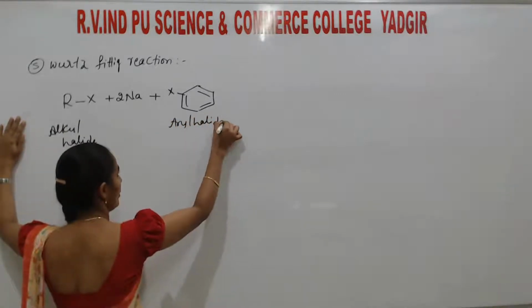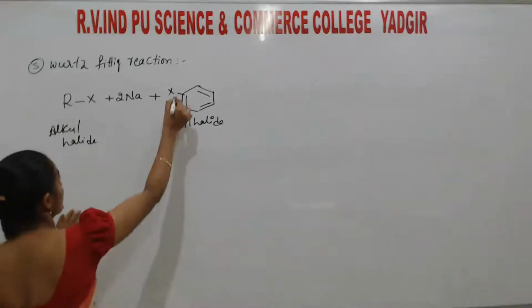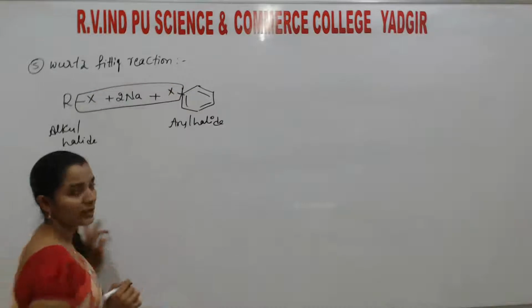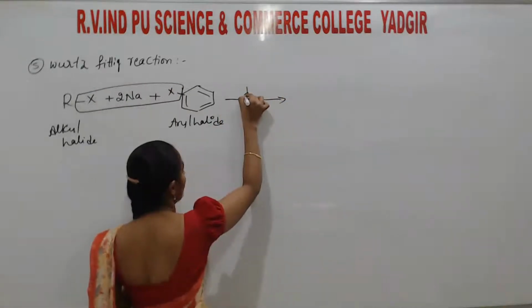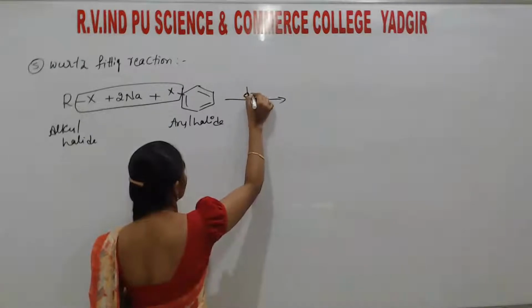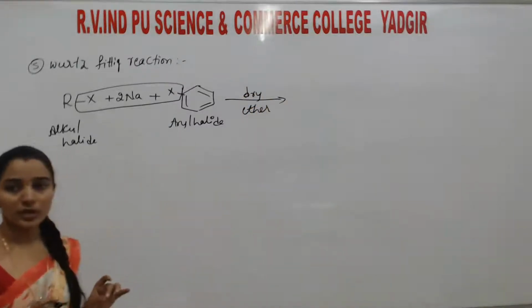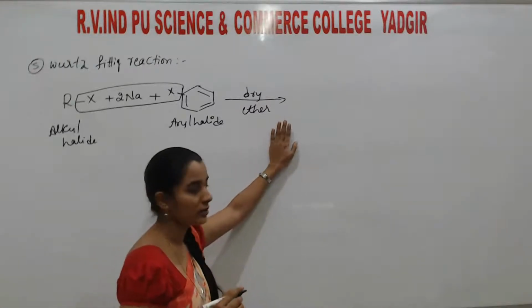You may take haloalkane, haloarene. They are made to react with sodium metal, of course the reaction is the same. In the presence of which solvent here? Of course, dry ether. For Wurtz reaction, Fittig reaction and Wurtz-Fittig reaction, dry ether is the reagent.